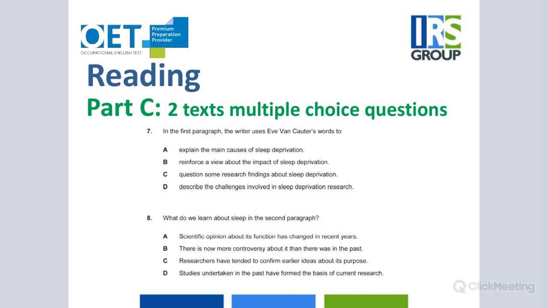You may have a doubt: within a short span of time, how am I going to read the entire text and answer the 8 questions? If you see question number 7, for example, it says, in the first paragraph, the writer uses certain words too. So actually the question would specify where you need to look.